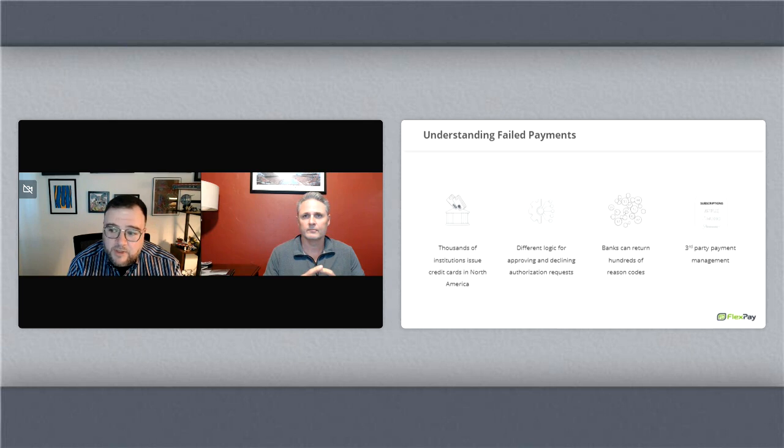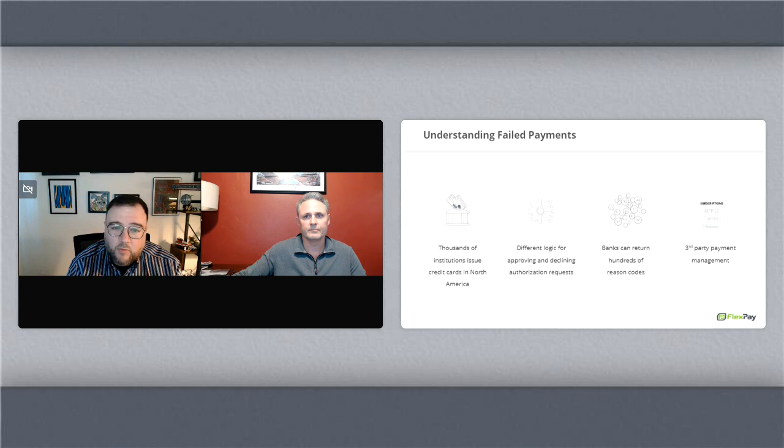Every time a transaction is sent to a financial institution, they're going to score that transaction. Think of it like a credit score. They're going to say, based on all of the details we have around this payment, what do we feel is the risk score of this transaction? If that transaction risk score gets too low, they're going to block that transaction, which is what Ray was just describing.